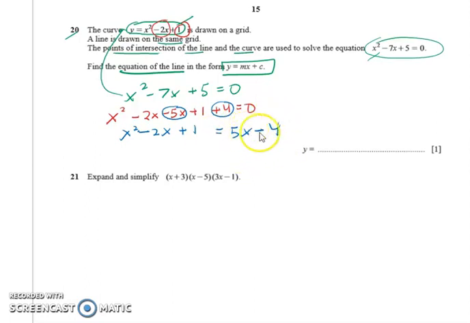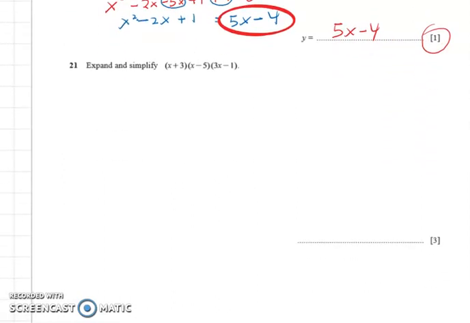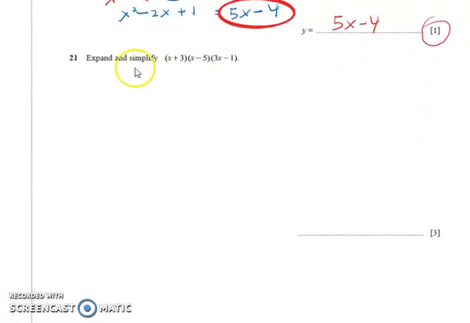Okay, that's all for this question. So this is the equation that they want. So your answer is y equals 5x minus 4. 1 mark.